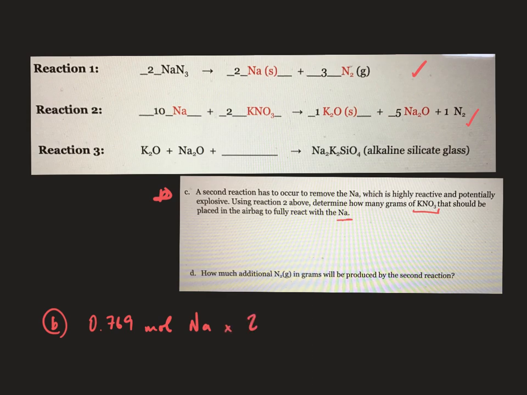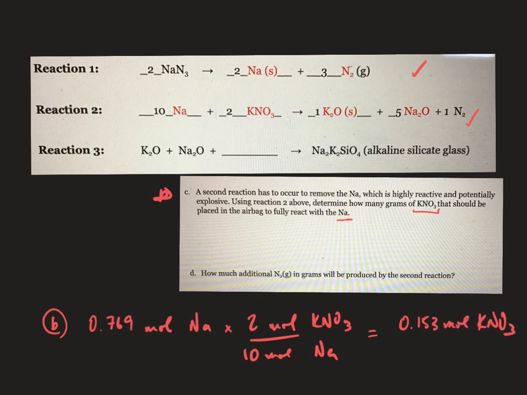So that's like a 2 to 10 ratio, right? So it's 2 moles of KNO3 to every 10 moles of sodium in reaction 2. So when you multiply this out, you're going to get a mole amount of potassium nitrate that you need, right? So it's 0.769 times 2 divided by 10, which gives you this much in moles of KNO3, okay?